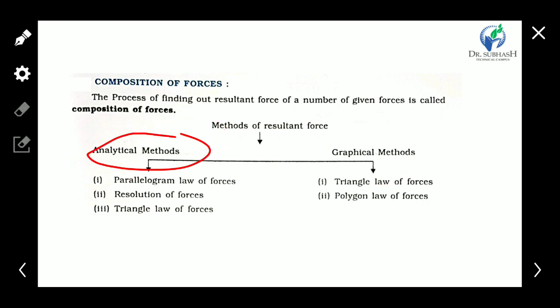In analytical methods, we already discussed the parallelogram law of forces and the triangle law of forces, and we also discussed the triangle law of forces in the graphical way. Now today in this lecture we discuss the resolution of forces to find the resultant. Resolution law of forces.